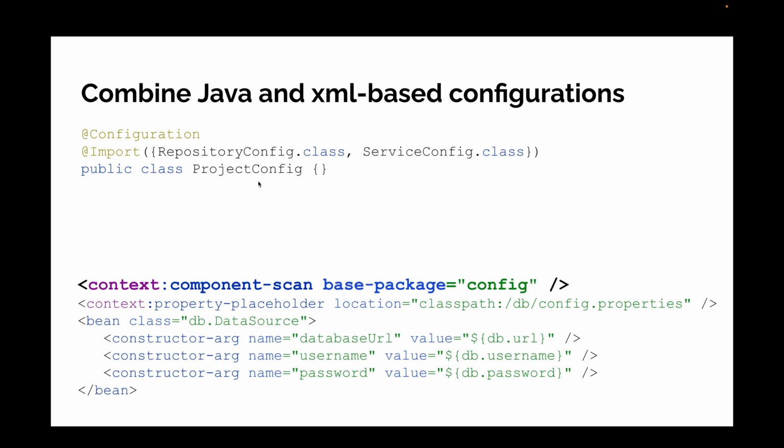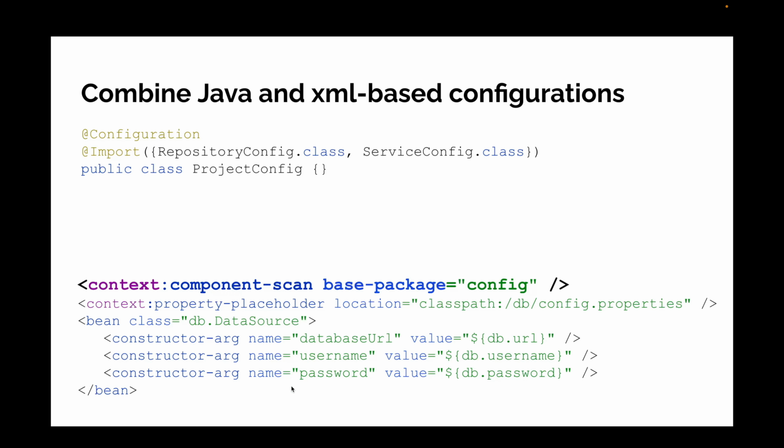So it will find project config inside config package, and then it will include that inside Spring IOC container. And when it includes that, the repository config and service config will also be included, because we are using the import annotation.